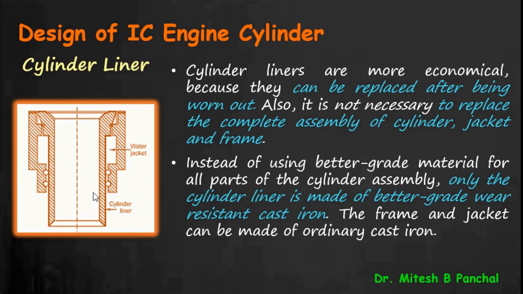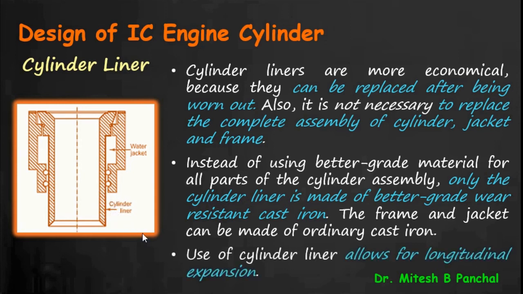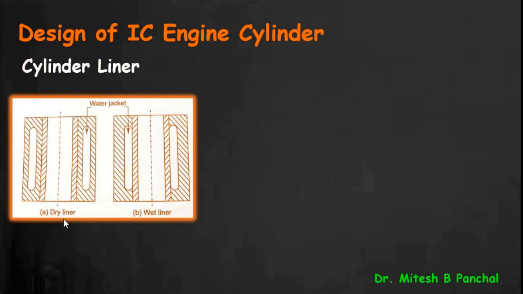So we need better material for the cylinder liner only. That's why the use of a cylinder liner makes the overall cost of the IC engine cylinder economical. Also, the use of a cylinder liner allows for longitudinal expansion.